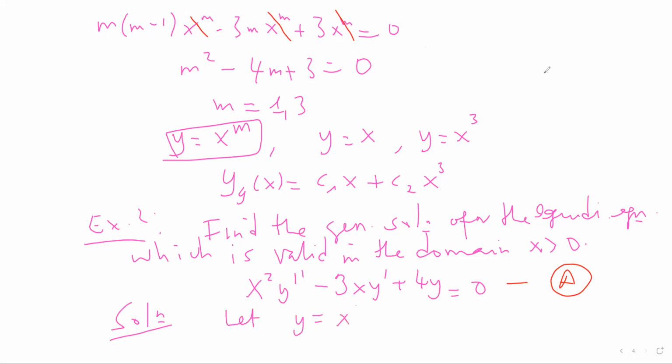Let y be x to the power m, y prime be m x^(m−1), y prime prime be m(m − 1) x^(m−2). Then you make your substitution: m(m − 1) x^m minus 3m x^m plus 4x^m is equal to 0.